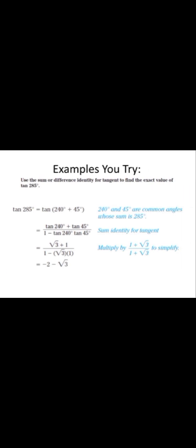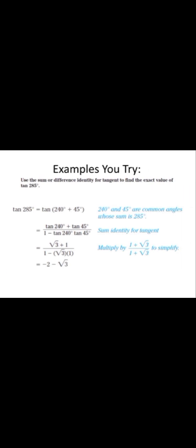So it equals negative square root of 3 plus 1 over 1 minus the quantity of negative square root of 3 times 1. Tan 300 degrees is equal to negative square root of 3, and tan 45 is equal to 1. Then multiply by 1 minus square root of 3 over 1 minus square root of 3 to simplify it, which is equal to negative 2 plus square root of 3.